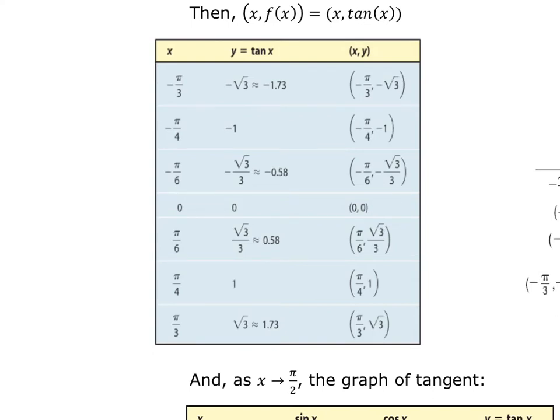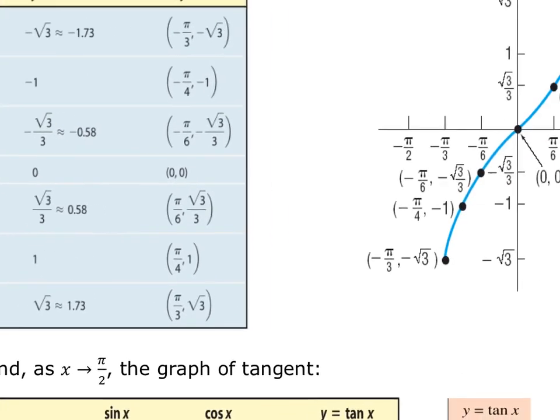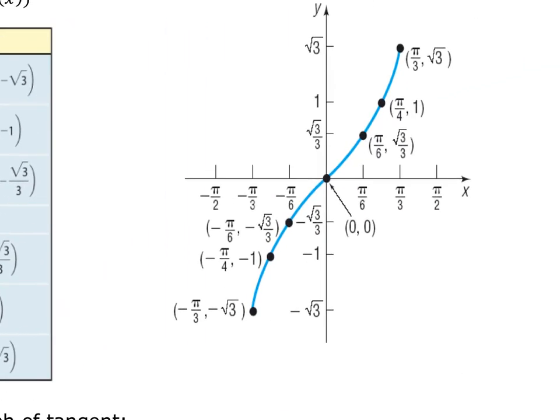Then pi over 3 is one that is not a nice key point. So this is what the tangent looks like. Now notice, this is the first time we start using negative angles. Up until now, our period has gone from 0 to 2 pi. The reason I use negative angles is because this is what the tangent looks like. The tangent has vertical asymptotes at pi half, and negative pi half, and 3 pi over 2, and 5 pi over 2.